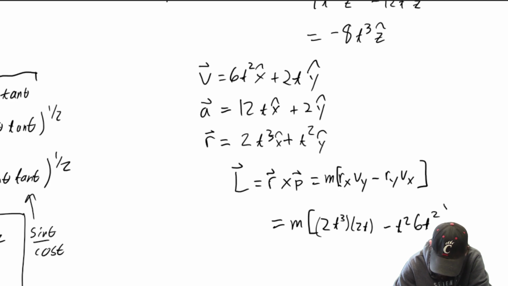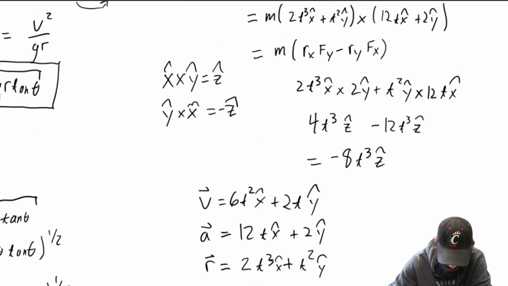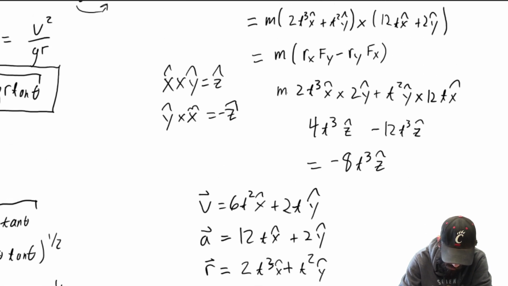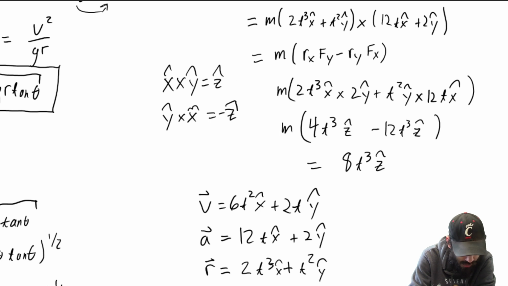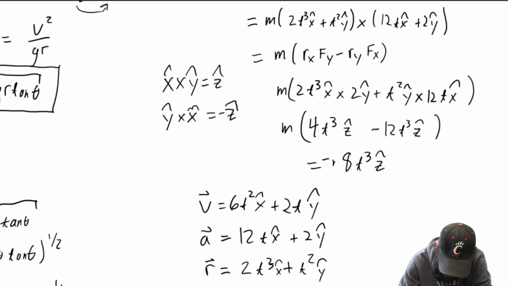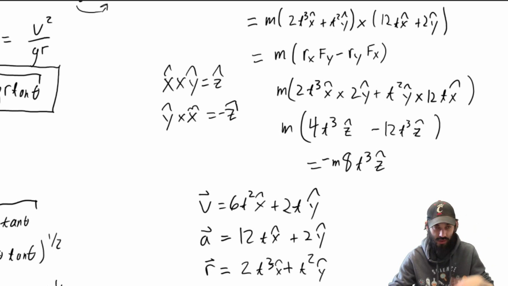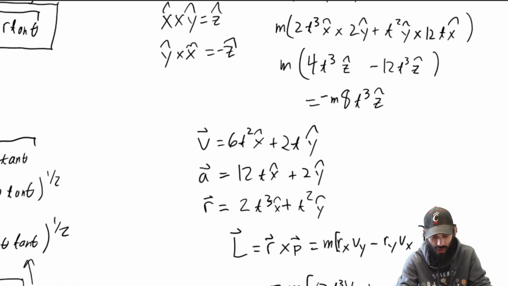So this ends up being M. I lost an M with this calculation here, so this whole thing needs to be multiplied by an M. And again, I talk about this a lot: you want to be thinking about your calculations and going back through them, because I realized that I lost an M there.